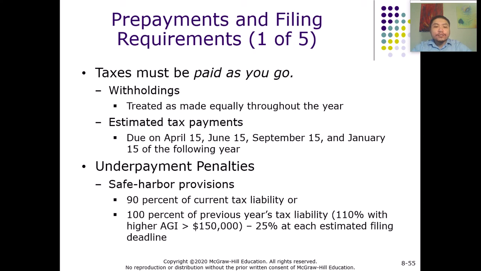So the first option that the taxpayer can choose is to make sure that they pay 90% of the current tax liabilities. The second option is to make sure that they pay 100% of the previous year's tax liabilities, or 110% of last year's tax liabilities if the taxpayer's AGI is greater than $150,000.